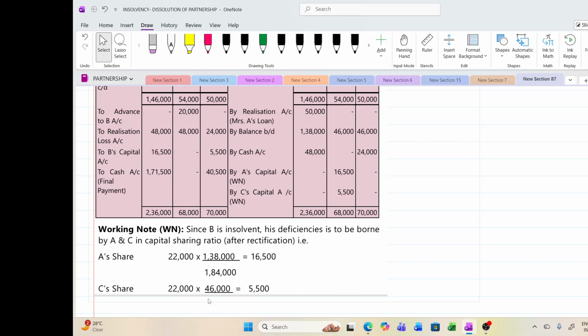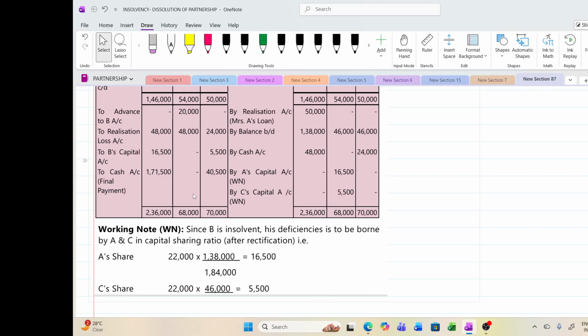Same way, here it is missed out, so you can write it divided by 184,000. That will come to 5,500. She will contribute 5,500 and A will contribute 16,500. Write by A's capital account, C's capital account. Now close the capital account. Here there will be nothing because the deficiency is met by the solvent partners.